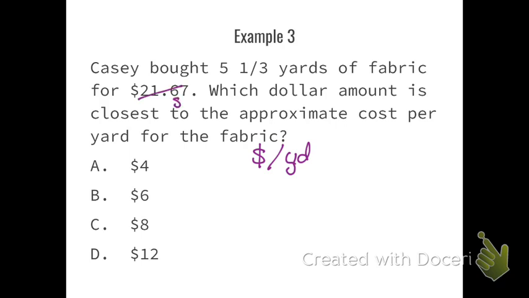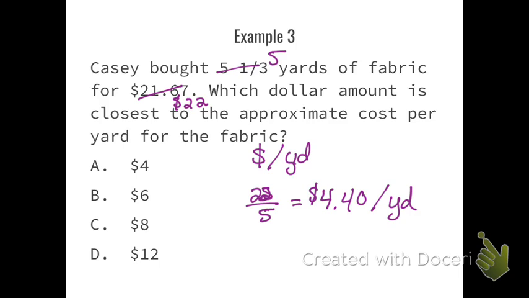Well, that's pretty close to $22. And the yards, that is 5 1/3. That's pretty close to 5 yards. So we're doing 22 divided by 5. So that's about $4.40 per yard.